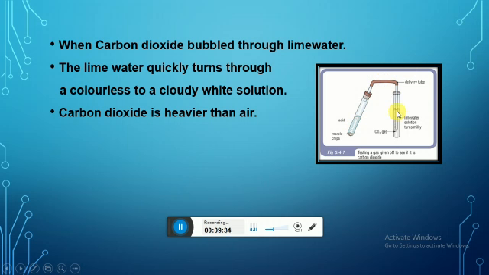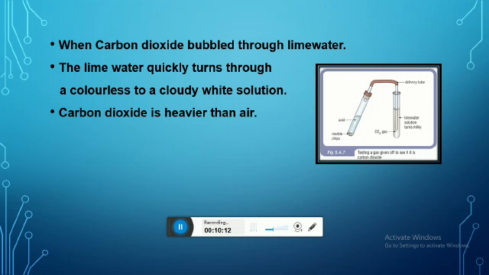When it reacts, bubbles are produced, and the lime water quickly turns from colorless to a cloudy solution, and we have bubbles at the bottom. One more very important thing: during the reaction, sound is produced when the bubbles form, or the gas escapes. So this is how we can check for carbon dioxide.